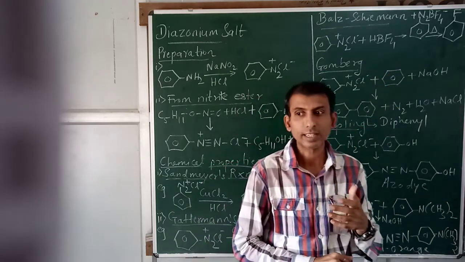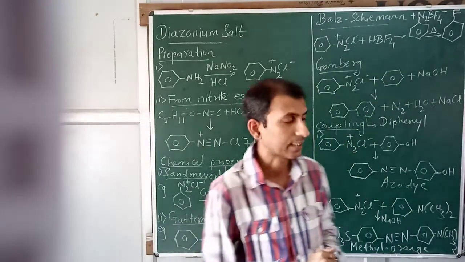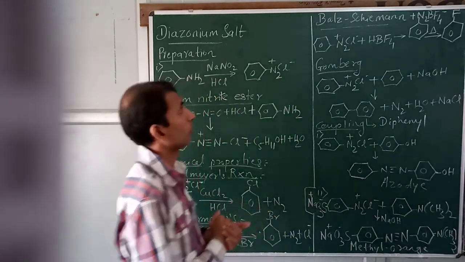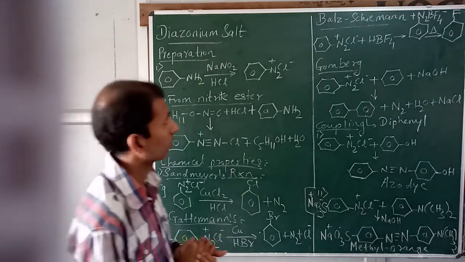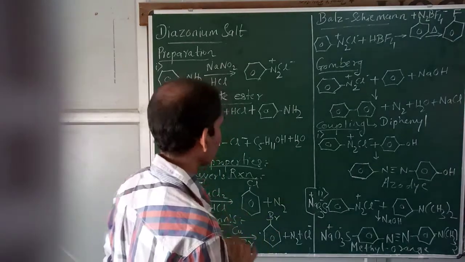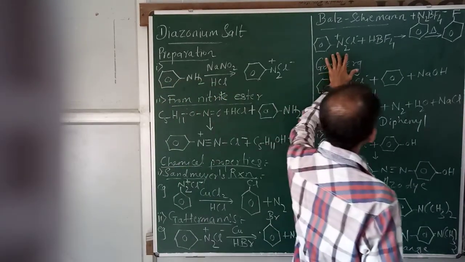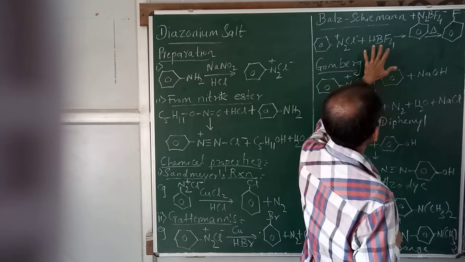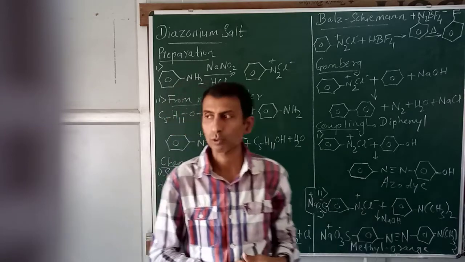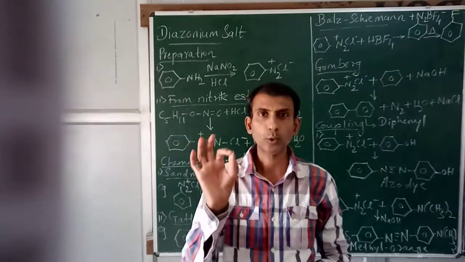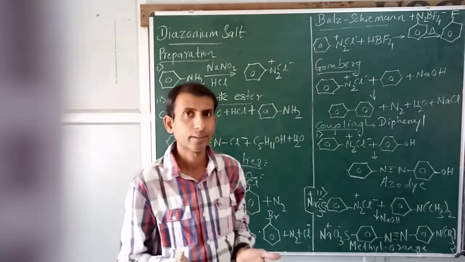That means in general they are showing us the preparation of halobenzenes by these three main reactions. So diazonium salt is treated with HBF4. What is the name of this compound? HBF4, fluoroboric acid. What is the name?